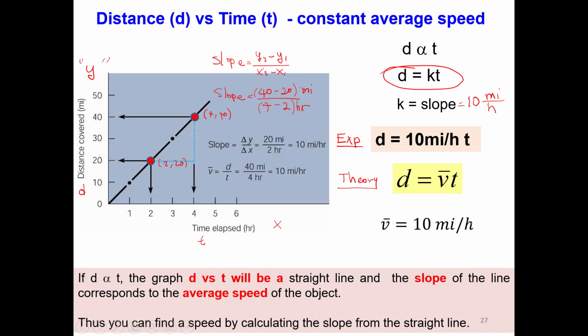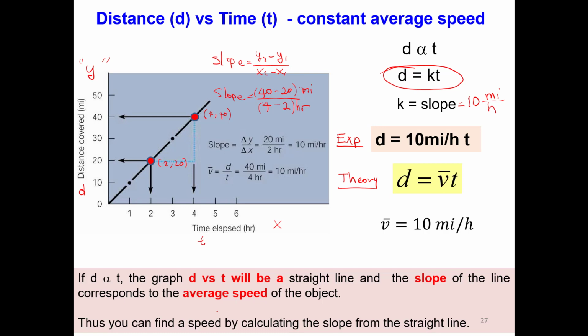Always, if we plot distance versus time and we get a straight line, it means distance is directly proportional to time, and in this case the slope corresponds to the average speed.